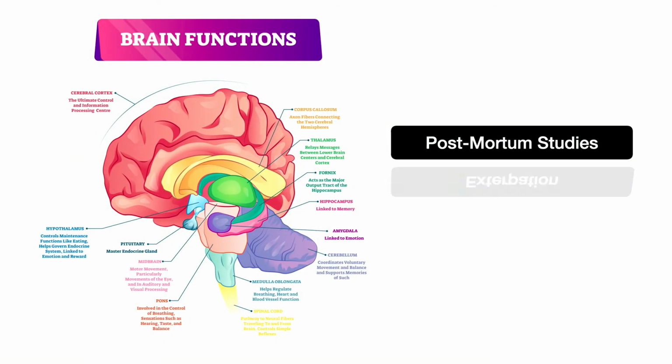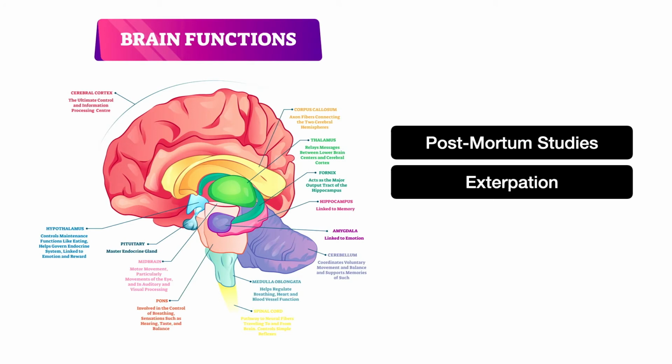Now, the other way in which we have done this has been extirpation. And what this is, mostly with animal studies, I'm going to say mostly because I suspect that it's probably been done to some humans as well, is actually the purposeful lesion of parts of the brain. In animal studies, they've operated on the brain and destroyed a piece of the brain, and then they watch to see what happened.